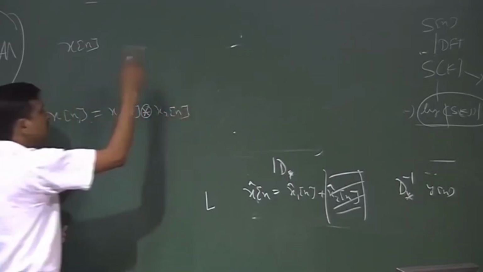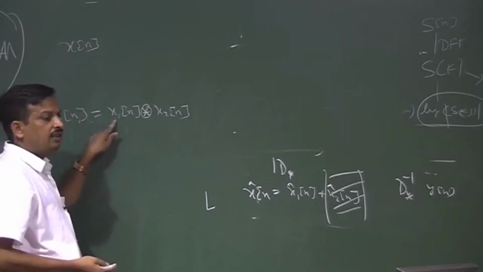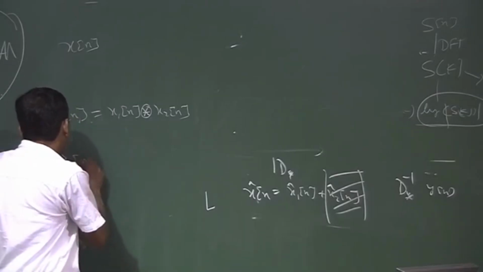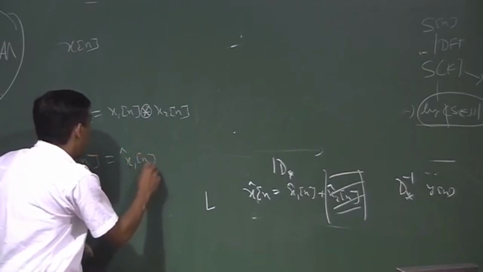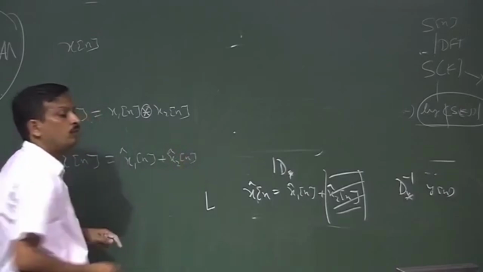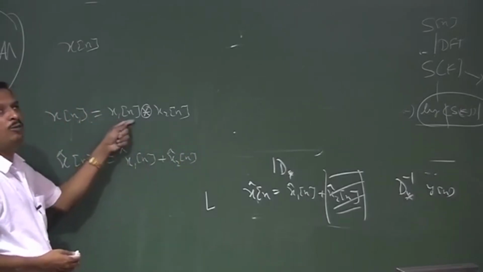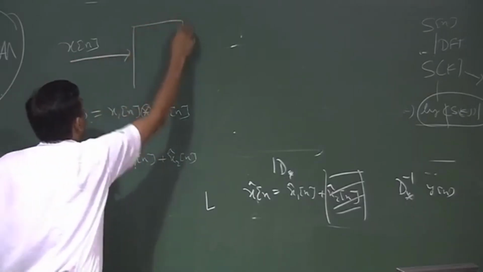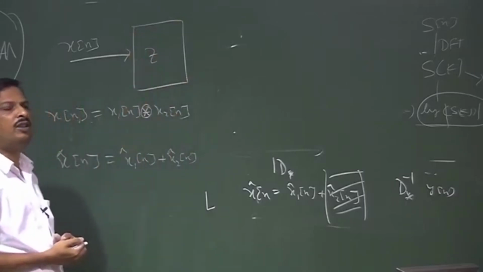At the end I want to find x1[n]; instead of convolution I want x cap n, which is x1 cap n plus x2 cap n. That is my target and this is my input. So, I apply this input and take the Z transform.